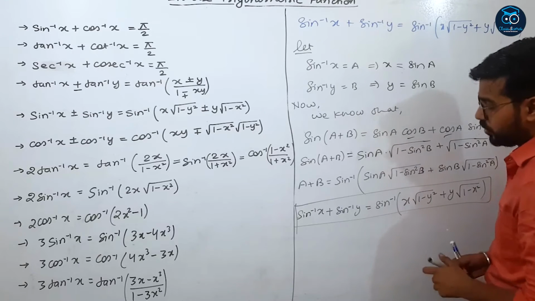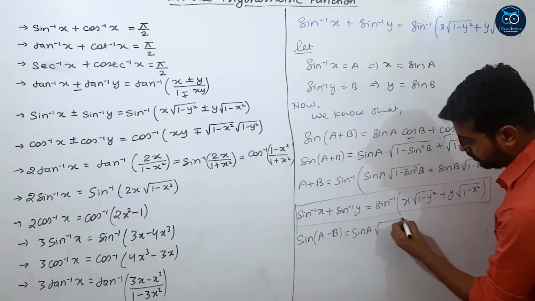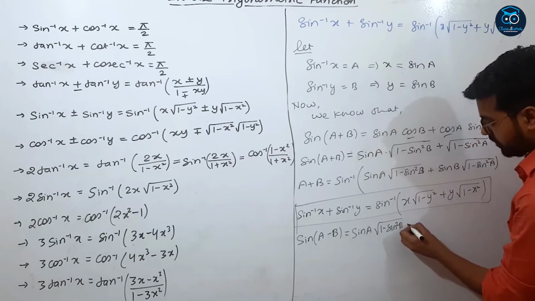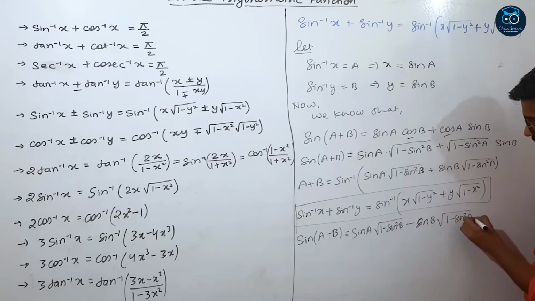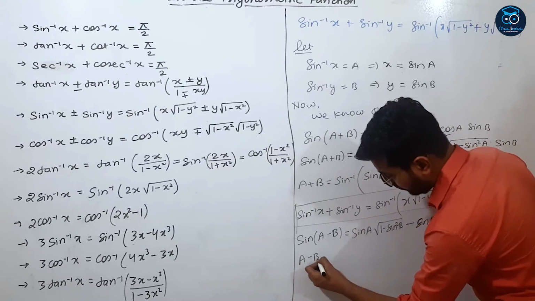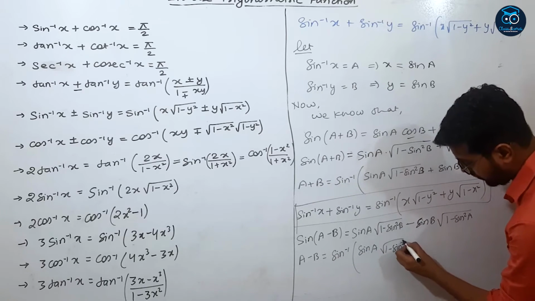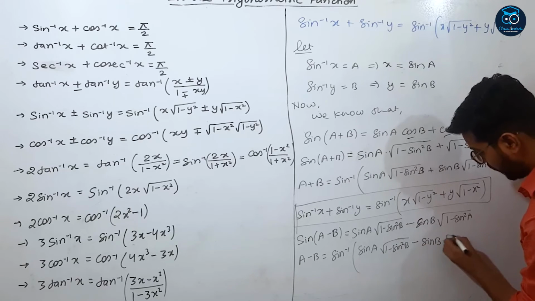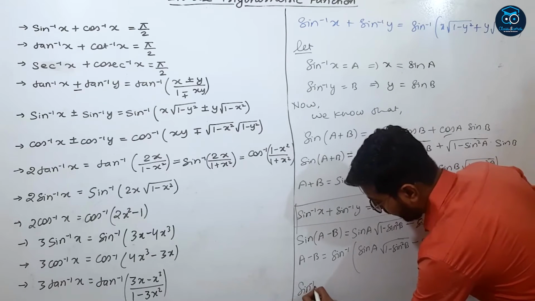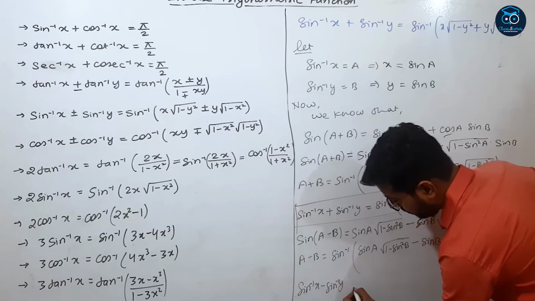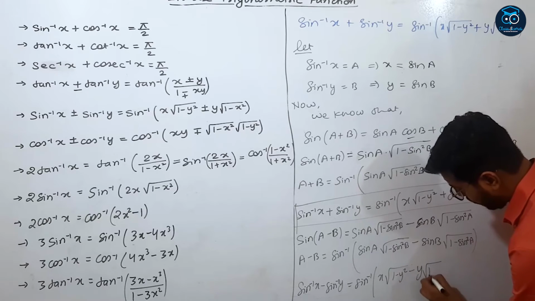In the same manner, you can solve sin(A minus B) equals sin A root 1 minus sin square B minus sin B into root 1 minus sin square A. Now just transpose this sine function, you get sin inverse of sin A square root of 1 minus sin square B minus sin B square root of 1 minus sin square A. Now if we substitute the value, we get sin inverse x minus sin inverse y equals sin inverse of x root 1 minus y square minus y root 1 minus x square.